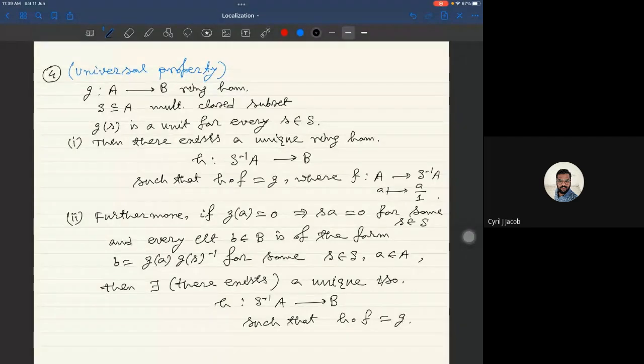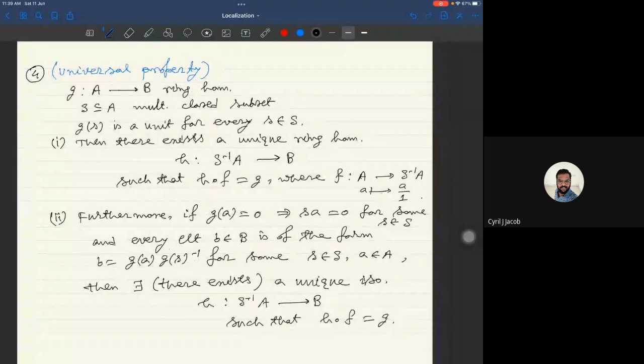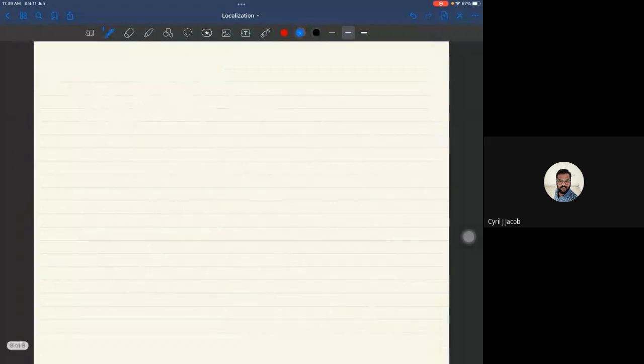Now we should see some examples. Throughout we have the assumption that R is a commutative ring with identity.